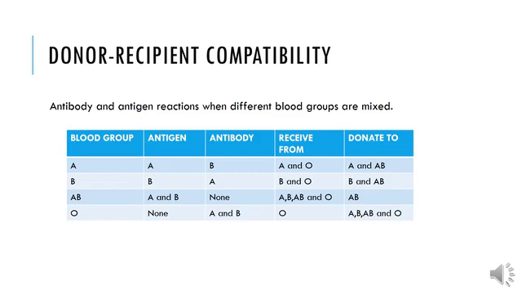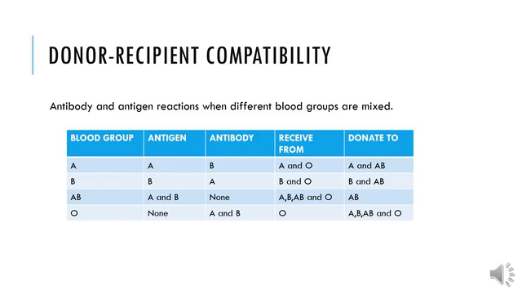A blood group A person can receive from an A and an O, but they can donate to an A and an AB. A blood group B person has got antigen B and antibody A. They would be able to receive from a B and an O, but can only donate to a B and an AB.